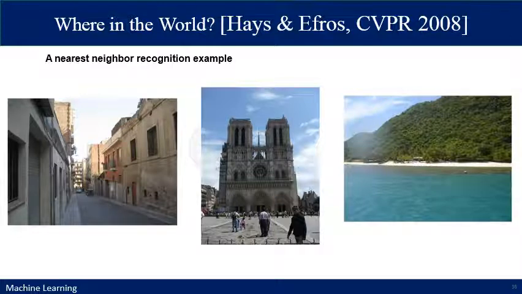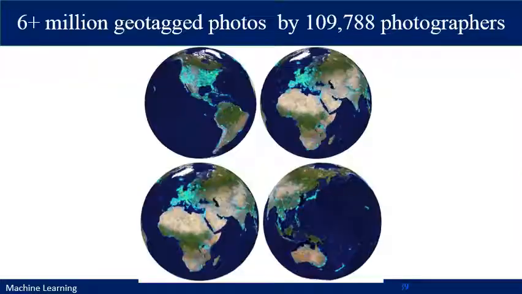Here is an interesting example of the nearest neighbors algorithm, which the authors of this paper refer to as "where in the world." So this is a nearest neighbor recognition example. In this example, you provide an image to the nearest neighbors algorithm, and it will tell you a description of the image, that is, where it is located in the world.